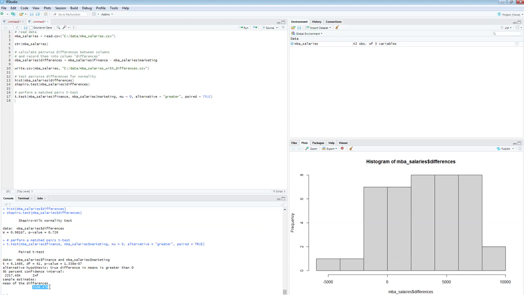All these differences, when we average them, that's our average. So that's my interpretation of this number: on average, finance MBAs are paid $3,108 more as their initial offer than marketing MBAs. Over a $3,000 difference.